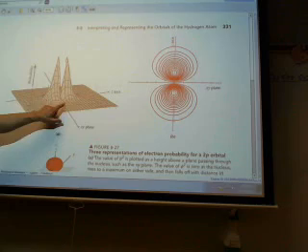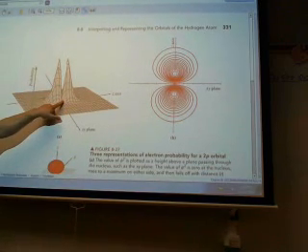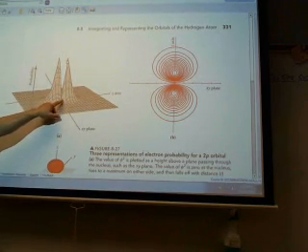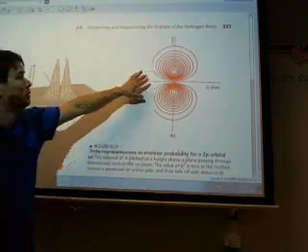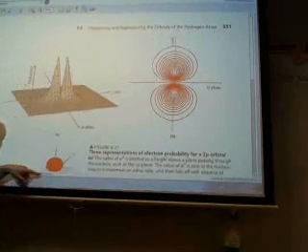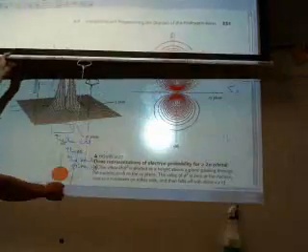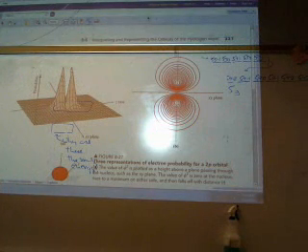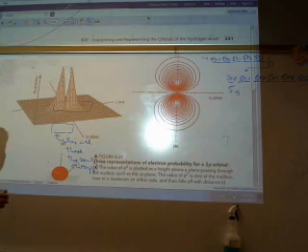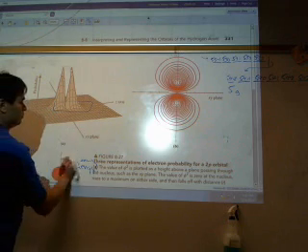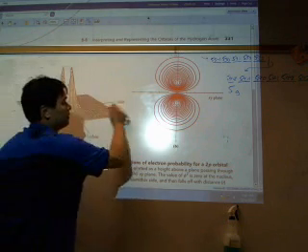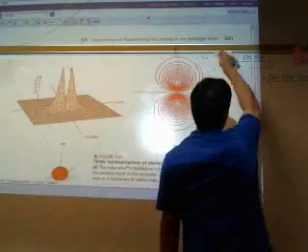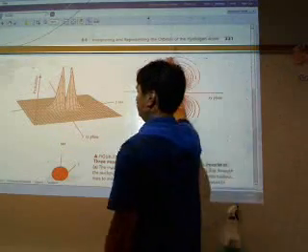All right, this is one orbital here. These three are the same. You have to memorize the S and the P shapes.